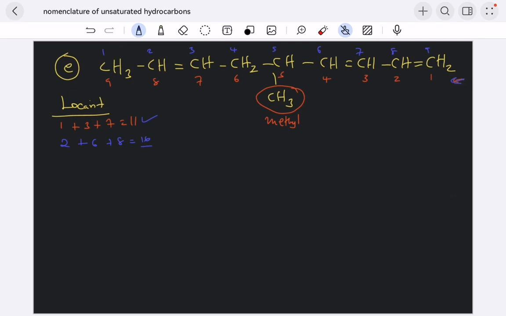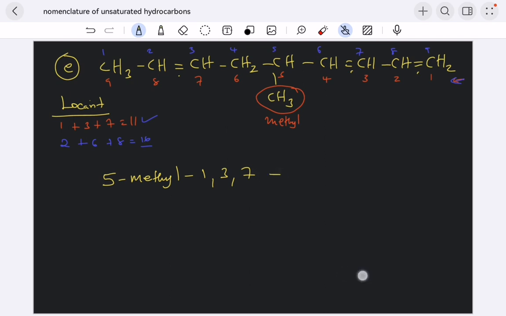So here we have to recognize the fact that we have a methyl at position number 5. So at position number 5, I will say I have a methyl. Then I have 3 triple bonds, remember, 1, 2, 3. So I just need to state their positions. So 1, 3, 7.